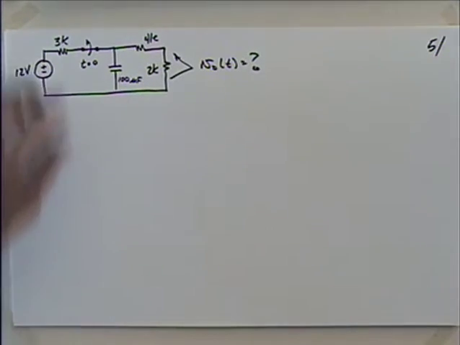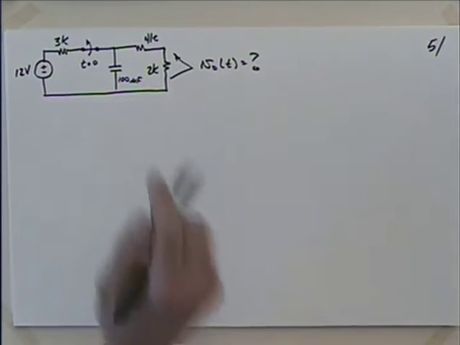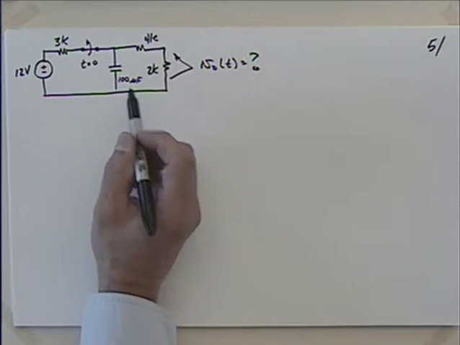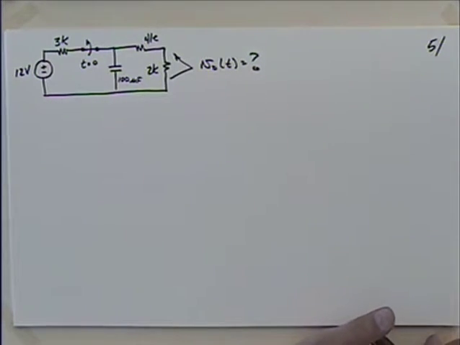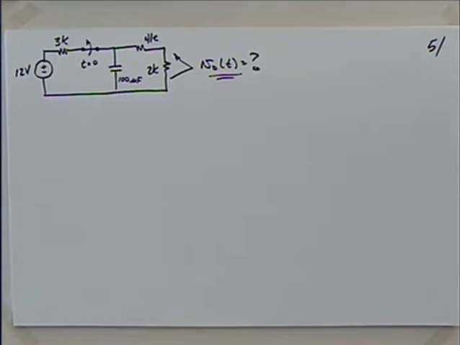So in that problem, we've got that 12-volt source in series with a 3 ohm resistor, and we've got that switch. So it looks like we're probably charging up this capacitor. We're going to then open the switch and watch that capacitor discharge across the 2 k ohm and the 4 k ohm resistors. So we'd like to find maybe this expression for the voltage across that 2 k ohm resistor.